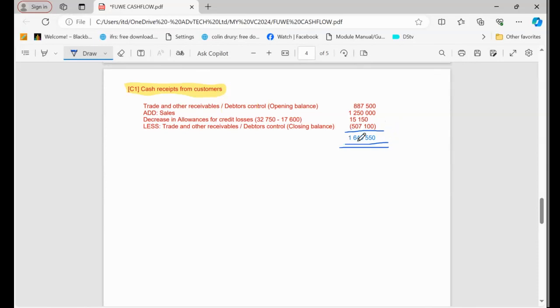So this is the cash that we have been looking for. That is the cash from what? Our debtors. This is the cash from our customers. Are we still together?